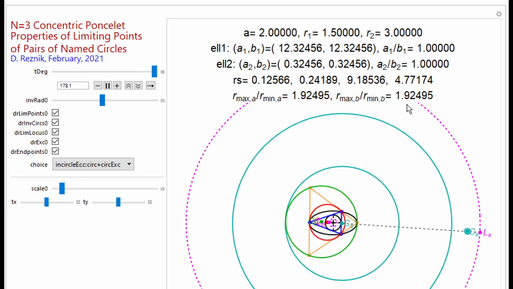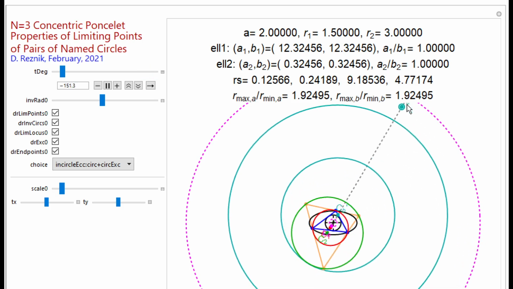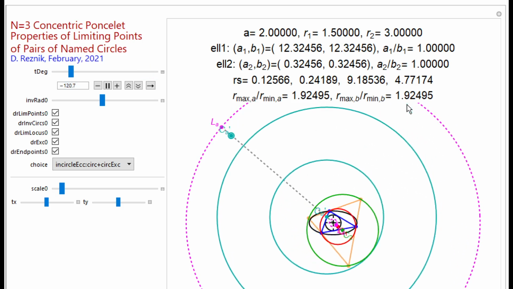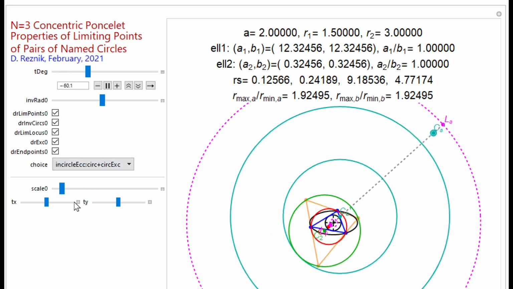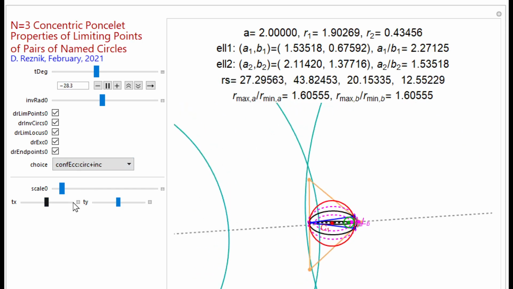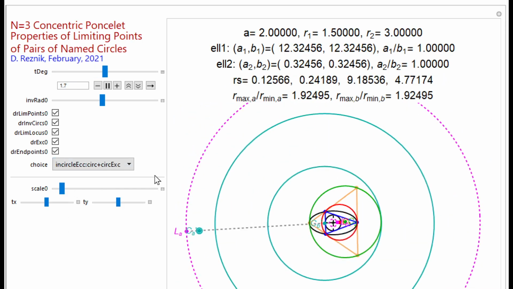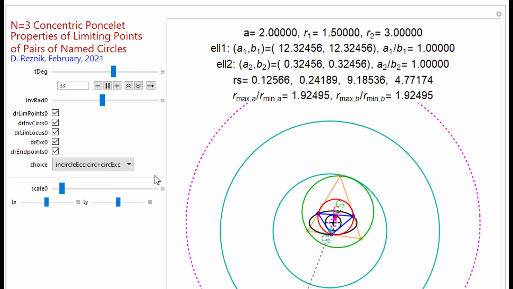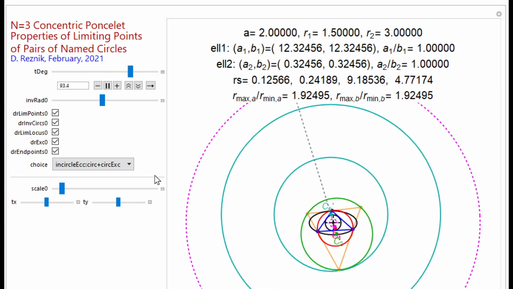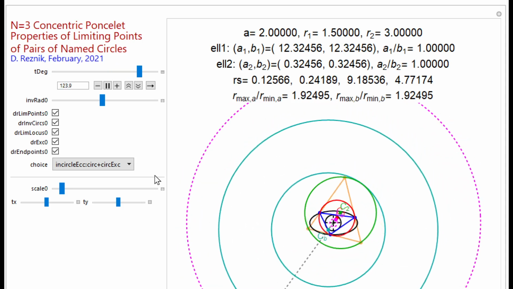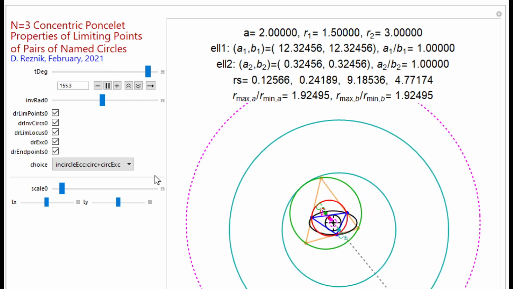This could be true for perhaps any concentric Poncelet, but we've seen so far that it is true that these ratios are conserved either for the incircle pair or the confocal pair. It remains to be experimented with other families to see if these ratios are preserved, even though the loci of the limiting points might not be circles or ellipses.